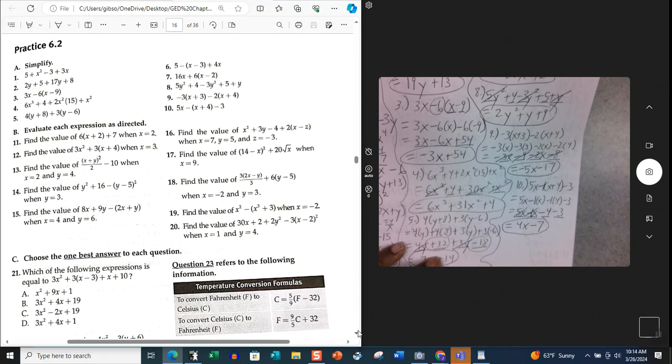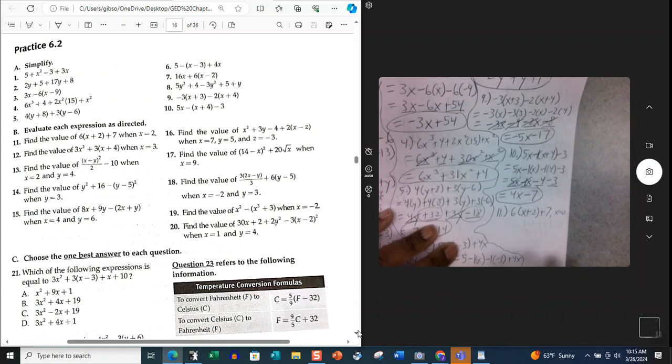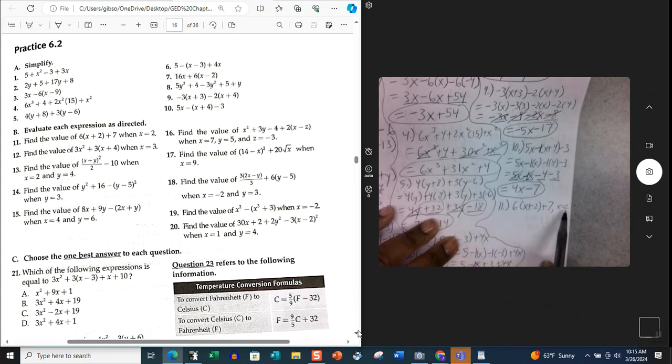Now number 11. Now I want to write out the problem. It says find the value of 6 times x plus 2 plus 7. And they tell you that x is equal to 2. So what they're telling you here is go and substitute in 2 for x. Now I will tell you, when I substitute, I put it in a parenthesis.